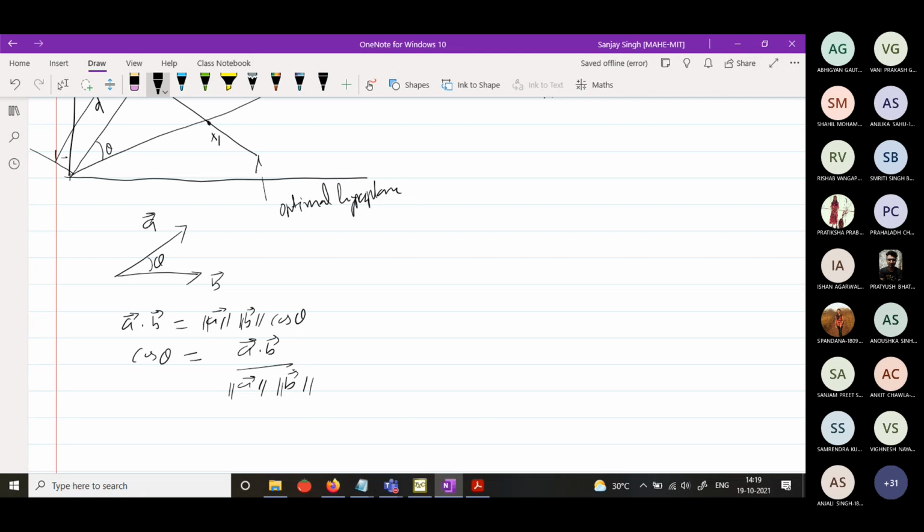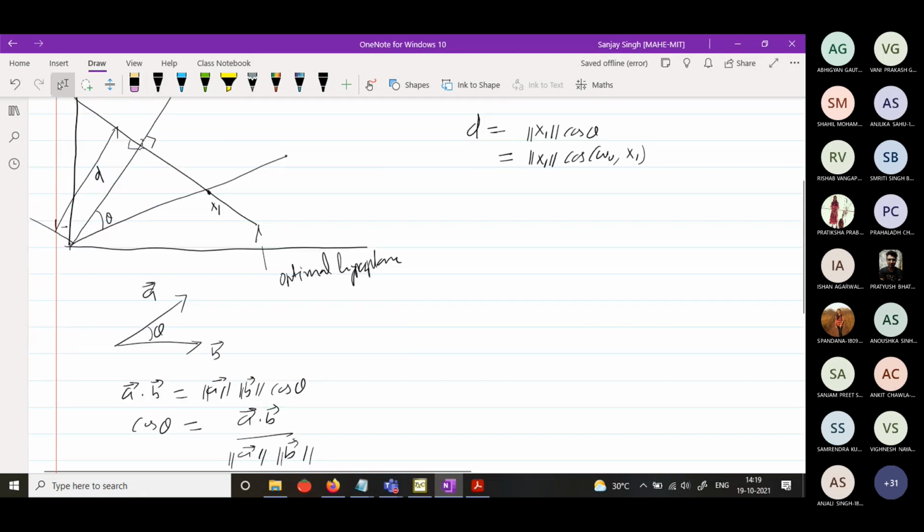So from this concept, if I want to find the cosine of the angle between w0 and x1, I can write it in the same way.